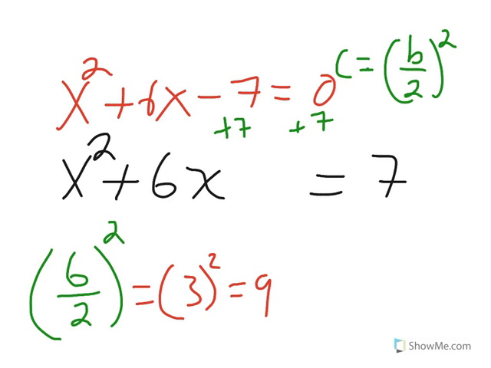So since this is a plus sign, I'm going to add 9, but if I do it to one side, I have to do it to the other. So it's going to be plus 9.